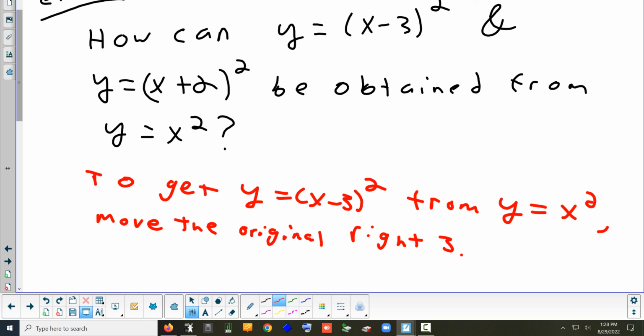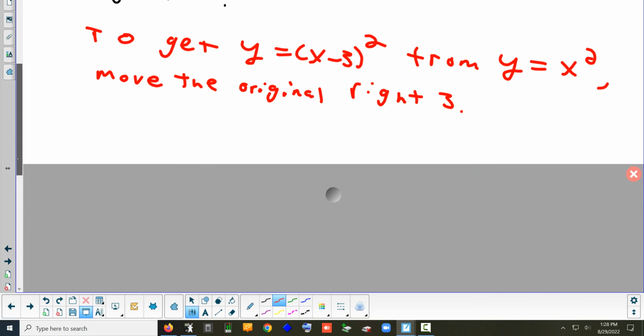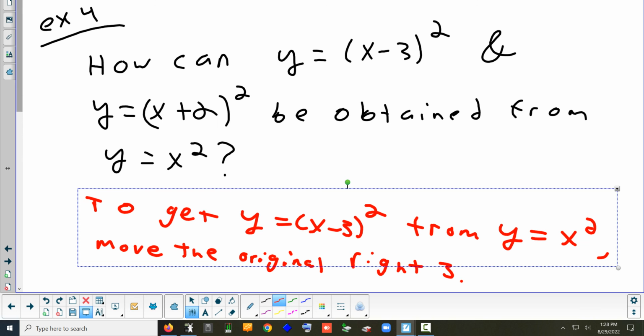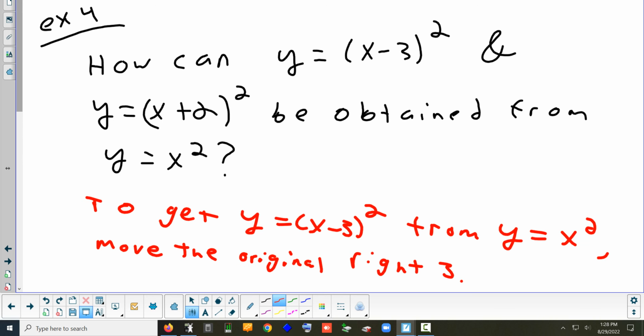So we need a way to keep track of that. I mean, really, however you can remember it, that's the important thing. What I generally do is I pretend like there's a minus in every problem. So when I see something like x plus 2 squared, I think of it as x minus negative 2. Then, once everything is written as x minus, I block out the x minus and I look at the number that comes after it.